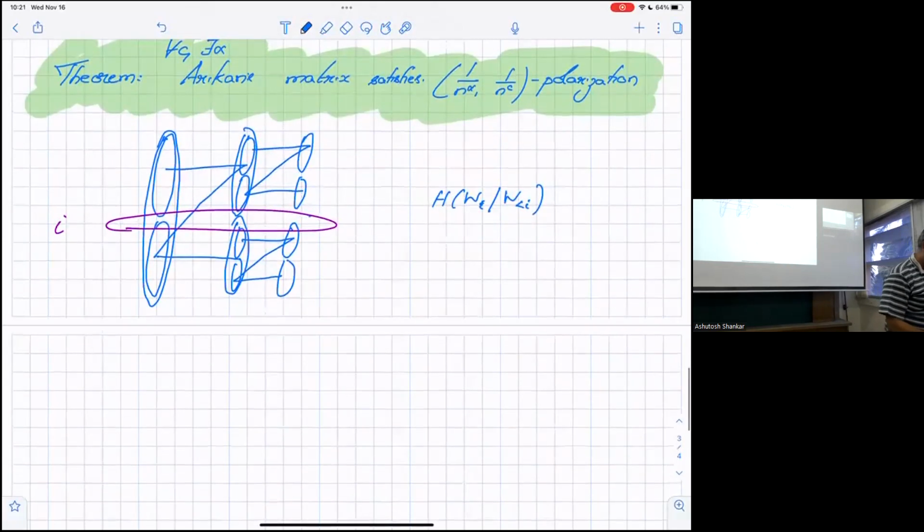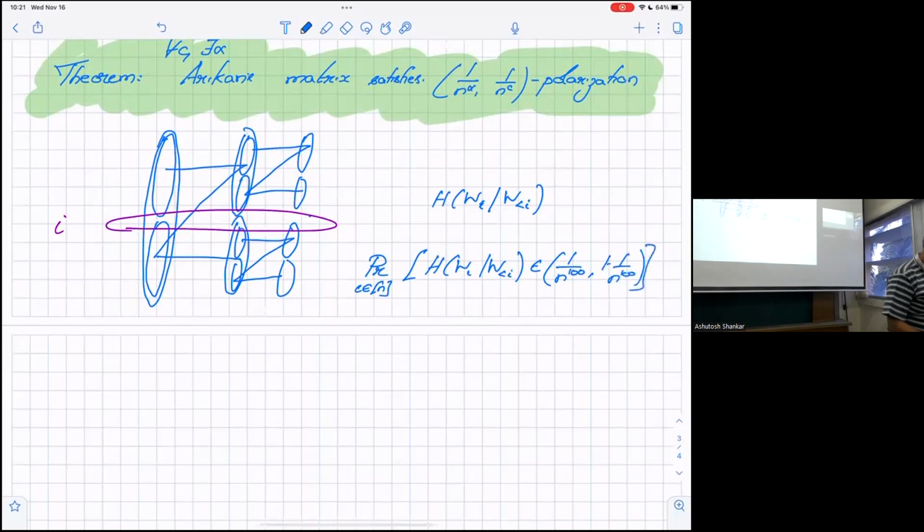We want to show the following: the probability, when you pick an i at random, that H of Wi given W less than i belongs to between 1 over n to the 100 and 1 minus 1 over n to the 100, is at most 1 over n to the 0.001. This is what we want.